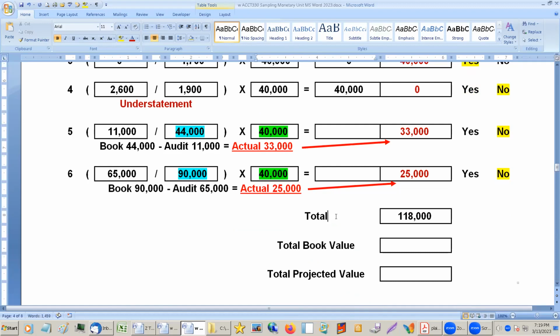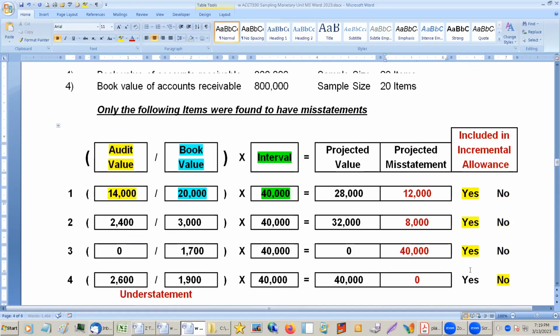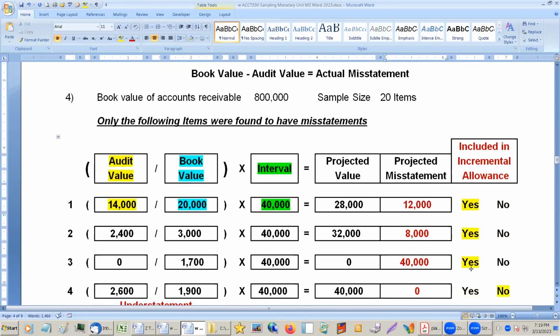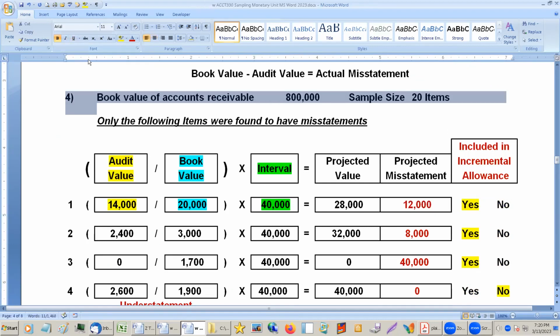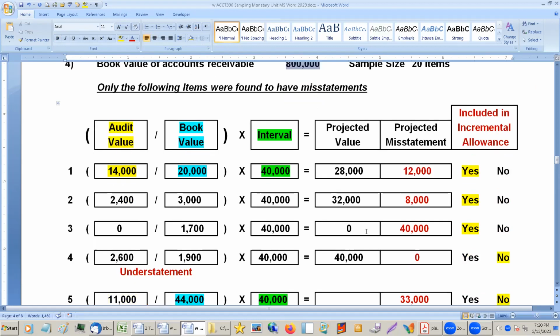So this is our total misstatement. I should say projected misstatement actually. So our projected misstatement is 118,000. The book value was 800,000. So 800,000 was the book value.